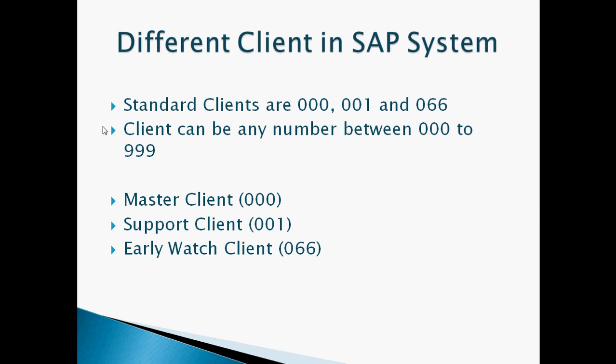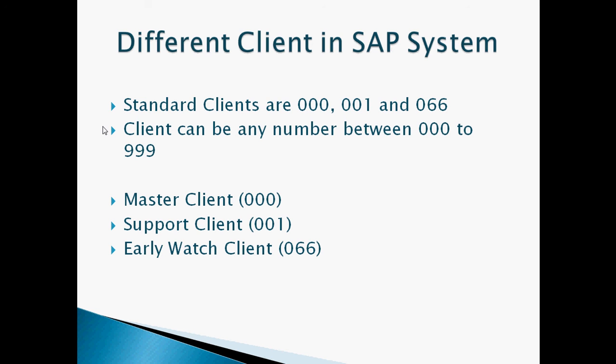Next, what we have is client 001, that is the support client. So let's see what the support client is all about. One can use the support client to configure the entire business process, and it is also the best example for a development and customizing client.